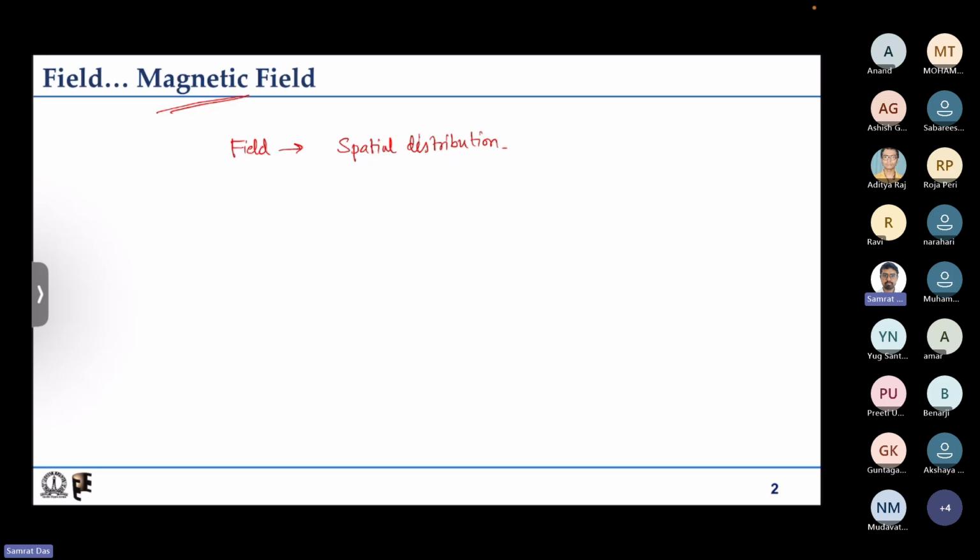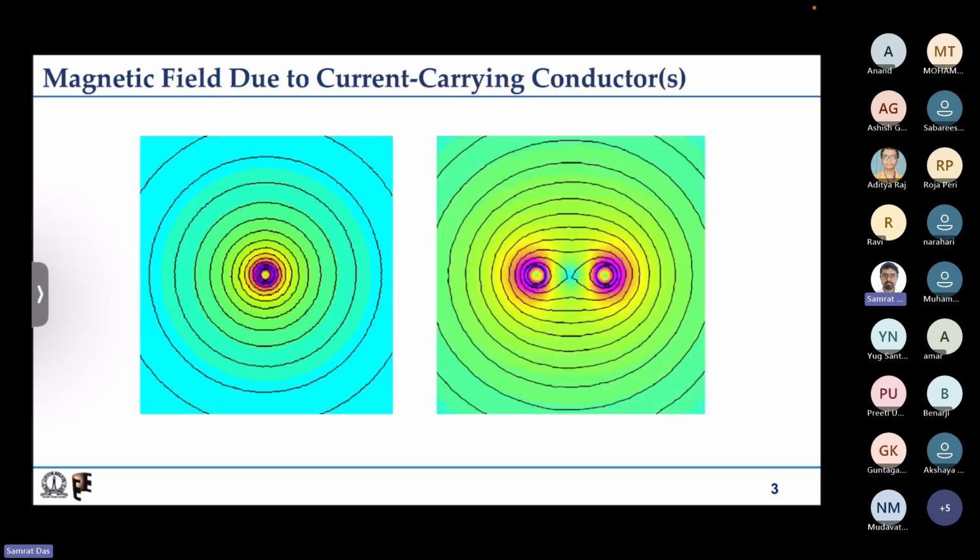Unlike electric flux lines, magnetic flux lines are always closed. Field lines are a good representation of the magnetic field: the density of flux lines indicates the magnitude of the field, and at any point the tangent indicates the direction of the magnetic field.